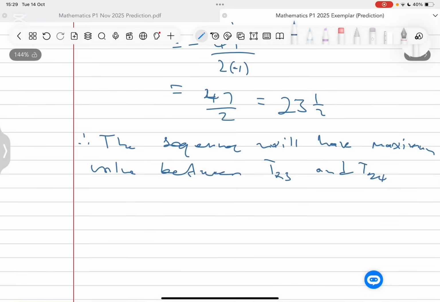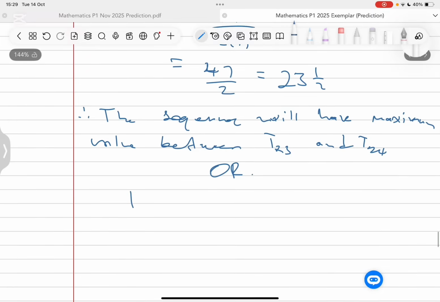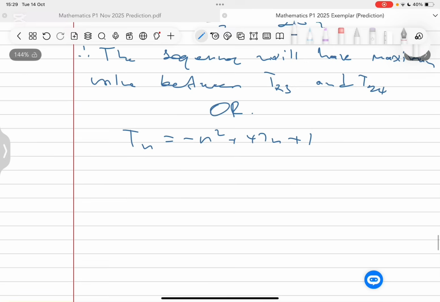I want to share with you another method of doing this, which is a very interesting method using differential calculus, where we take our Tn equals negative n squared plus 47n plus 1. With calculus, we take the derivative of the sequence: it's going to be negative 2n plus 47, and the derivative of a constant is 0, so the 1 goes away.